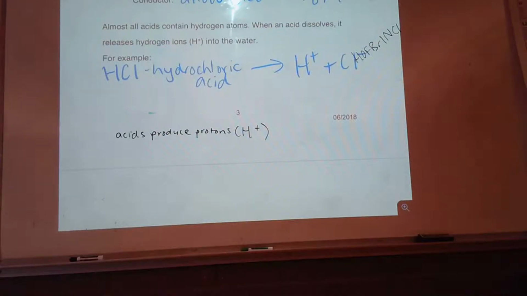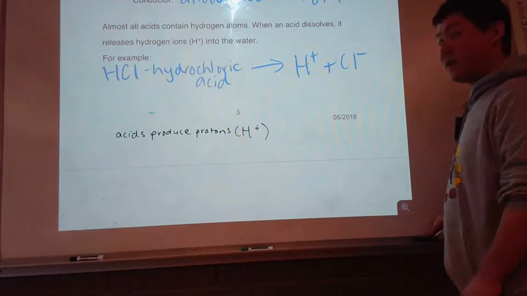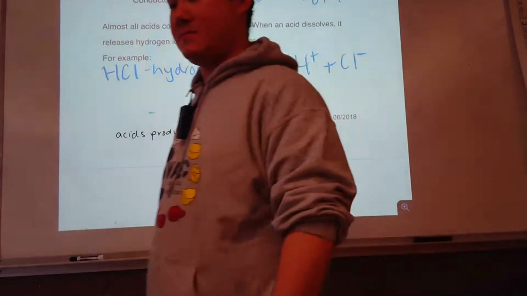So you can sort of think of some of these acids as kind of like ionic compounds where you have the positive cation and the negative anion separating. So this is why we were saying like a bottle of HCl will carry charge, because it's going to produce these ions which can flow.